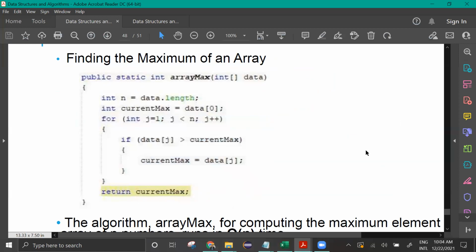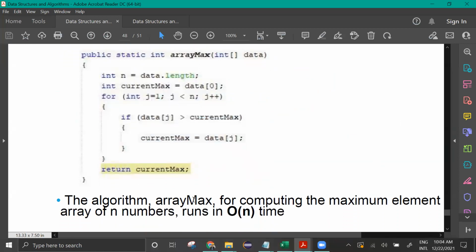So this is big O n. Algorithm arrayMax for computing the maximum element of an array of n numbers runs in big O n time.